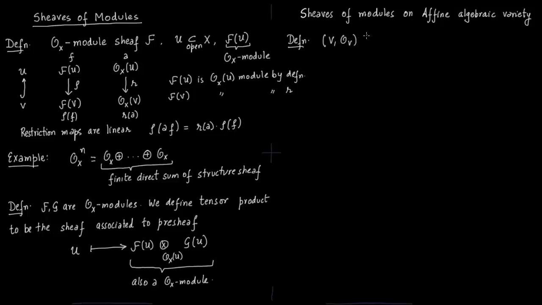So you start with the affine algebraic variety. You have a structure sheaf O of V, we have the algebraic set V, and you have some module M, and this module is an O of V module.